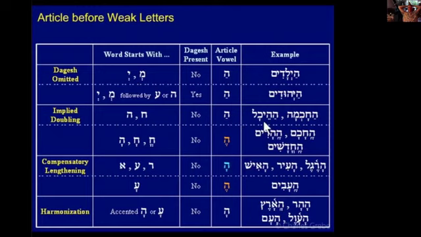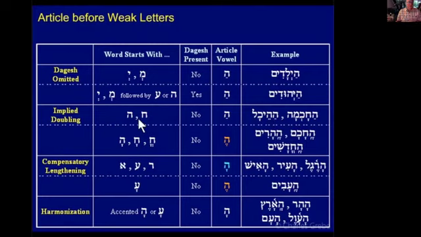So heichal, which means temple or palace, you add the article and it's just ha'heichal. Or chokhmah, which is wisdom, you add the article and it's just ha-chokhmah. You don't have any change to the vowel and you don't have the dagesh.